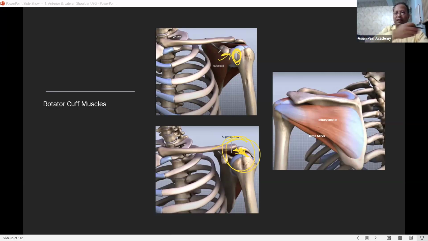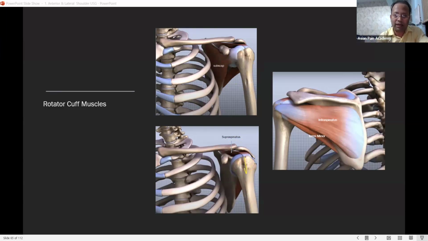When we are doing an internal rotation of the hand, the head rotates like this. This lesser tuberosity should move very smoothly under the coracoid. But if it doesn't move, then it also causes an impingement syndrome.